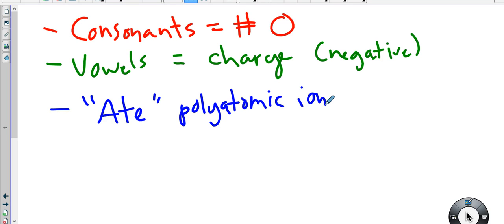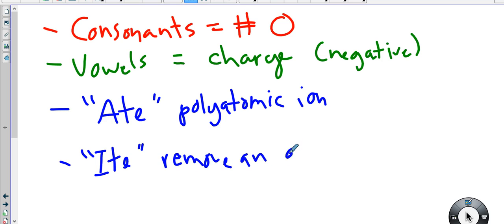Down below it, do you see nitrite? That isn't the one it's going to give you the answer to. So if it ends in -ite, then you'll need to remove an oxygen. If this doesn't make sense yet, it will soon.